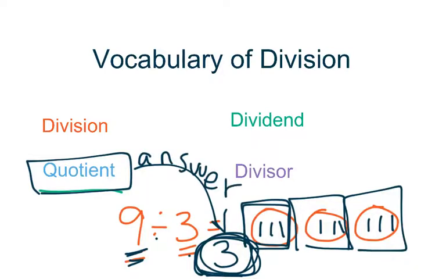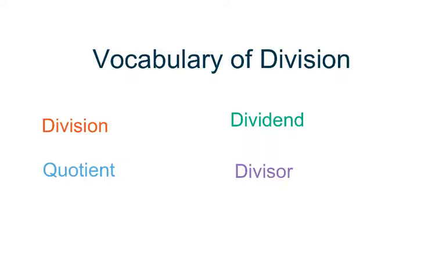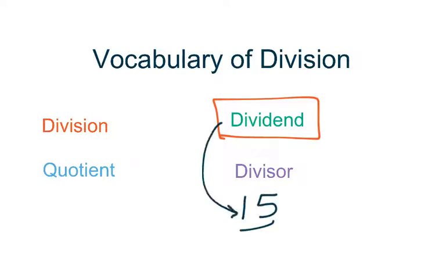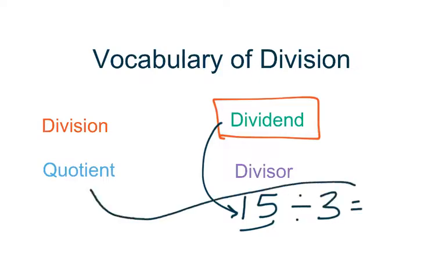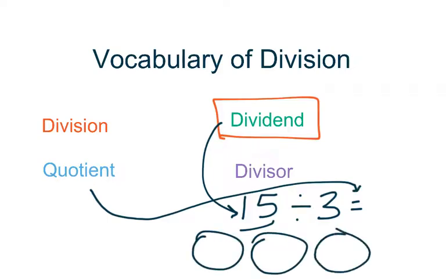The next word we're going to talk about is the dividend. The dividend is the big number at the beginning of a division problem that we're actually going to divide. So for example, if I have 15, that's the dividend, the beginning number, divided by 3 equal groups. To find the quotient, I need to draw 3 groups, 1, 2, 3. I need to take the dividend, this 15, the number of items that will be divided into 3 equal groups, and break it into 3 equal groups.